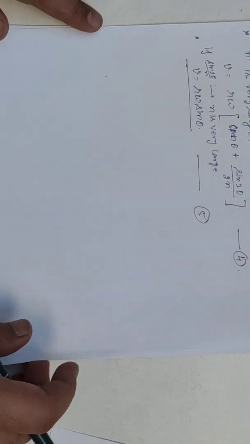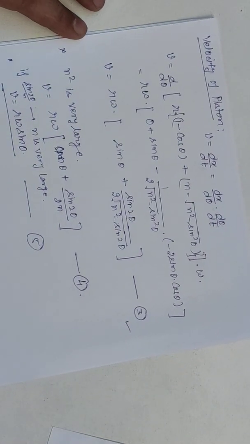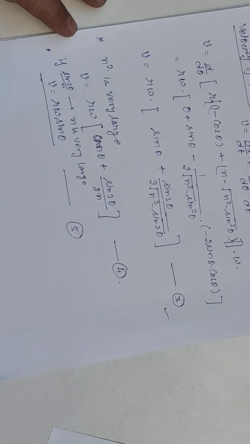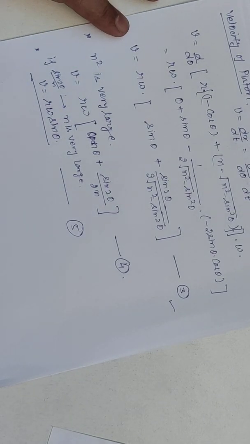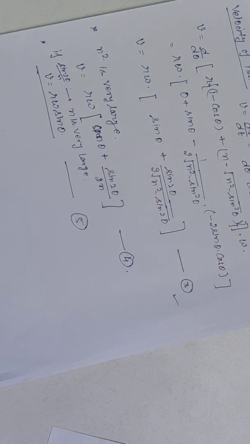Then we differentiated this displacement and calculated the velocity. So the velocity is coming v is equal to r omega (sin theta plus sin 2 theta divided by 2 under root of n square minus sin square theta).